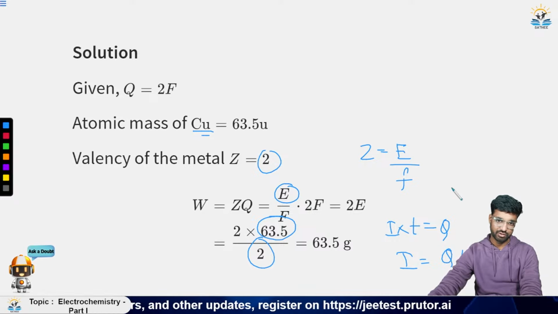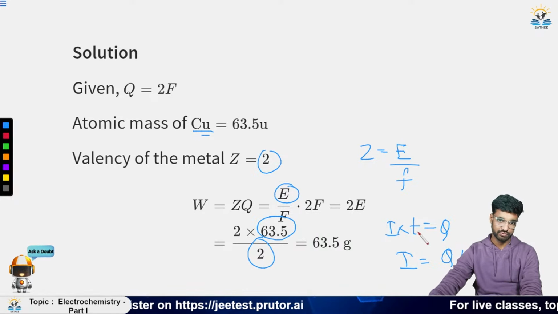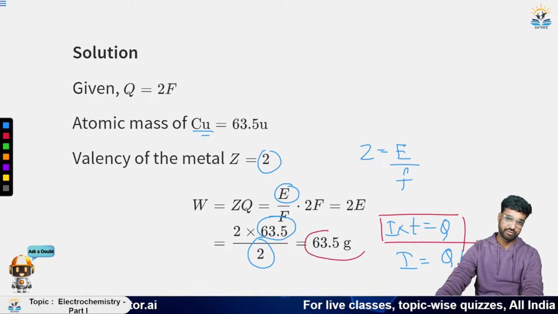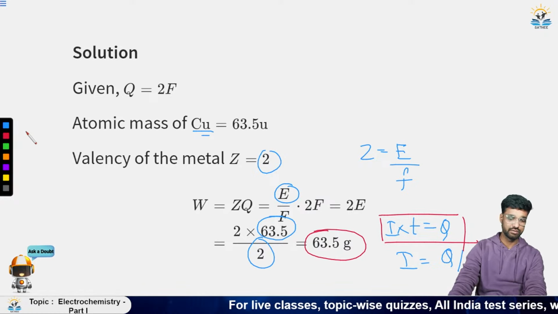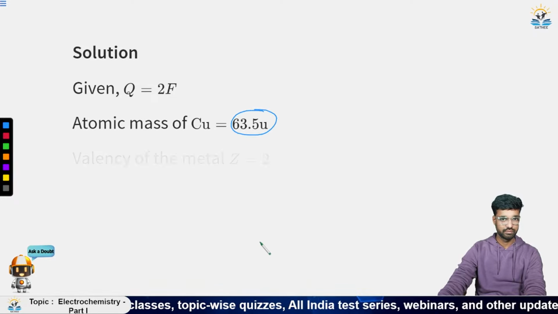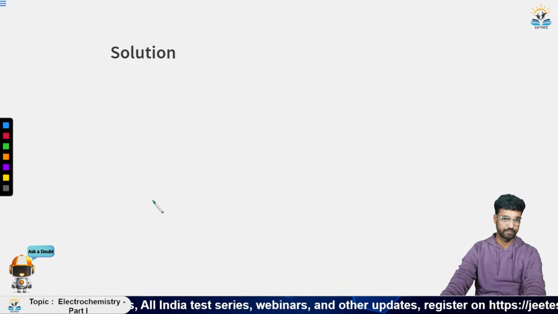Using this, you can find the mass deposited, which will be equal to 63.5. So this is the correct answer.